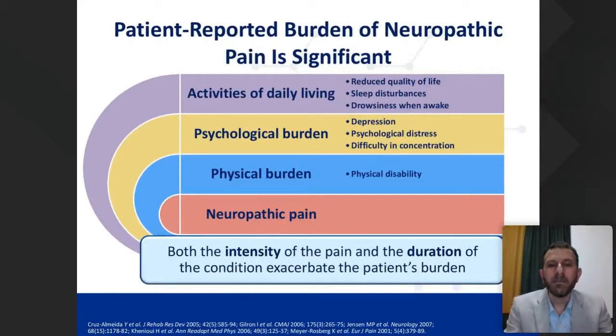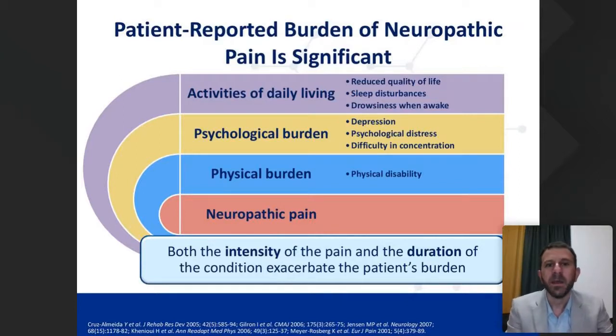Now, when we look at neuropathic pain, it's not just the pain that's affecting the person. The pain affects the patient on a multifaceted level. What do I mean? It affects their activities of daily living, reduced quality of life, sleep disturbance. As a result of the sleep disturbance, there's a whole host of other disorders that can come because you're not sleeping well.